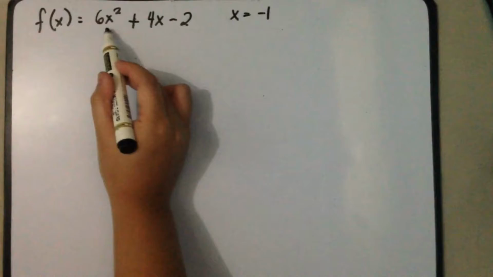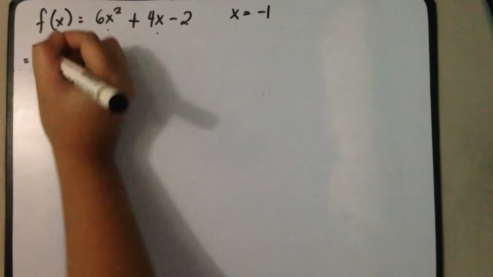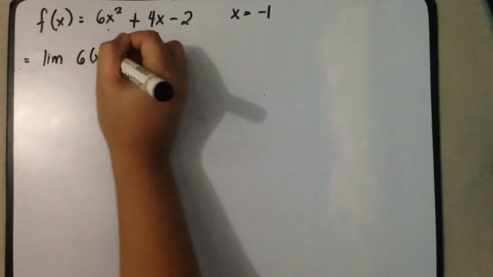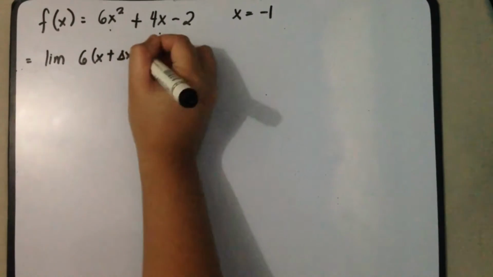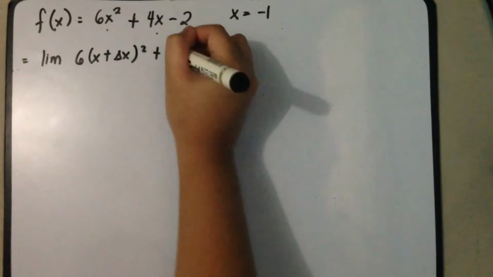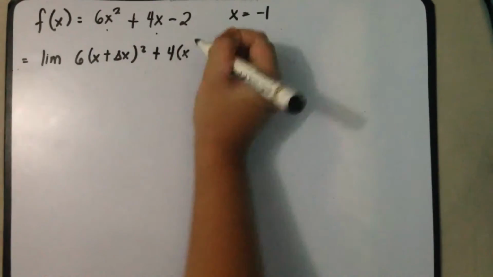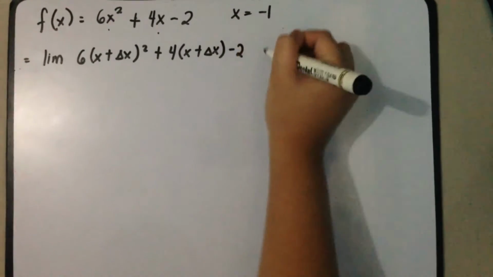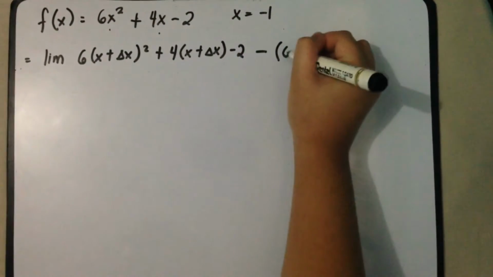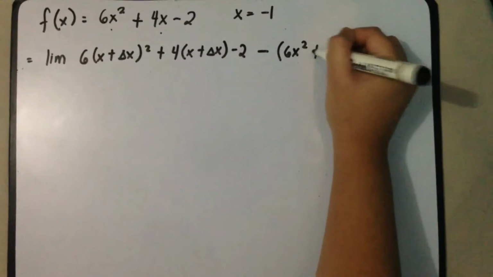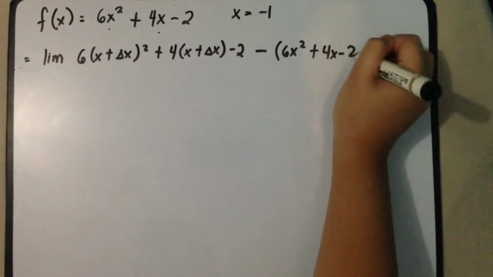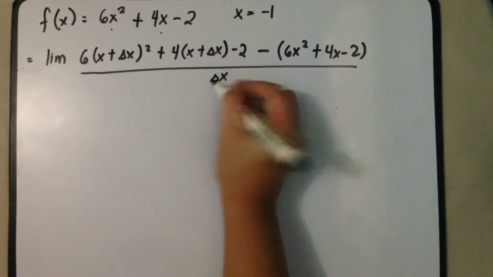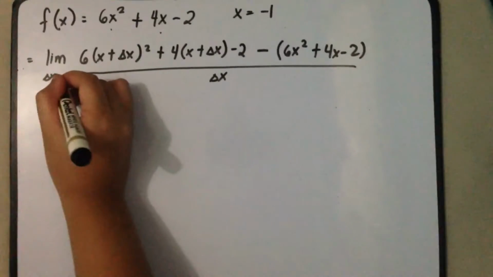Again, we have to substitute the x with x plus delta x, and we will get the limit of 6 times x plus delta x squared plus 4 times x plus delta x minus 2 minus the original function, which is 6x squared plus 4x minus 2, over delta x as delta x approaches 0.